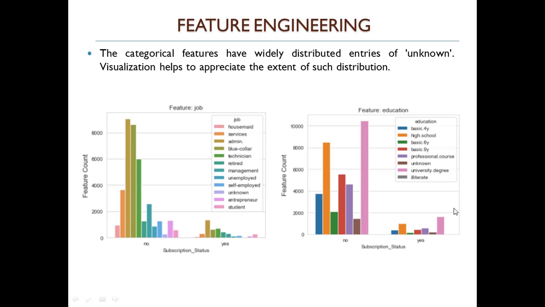Going further, the categorical features have widely distributed entries of unknown. So we make visualizations of the categorical features to see the extent of the distribution. For the job feature, the unknown entries are not so significant. Same for the education feature.